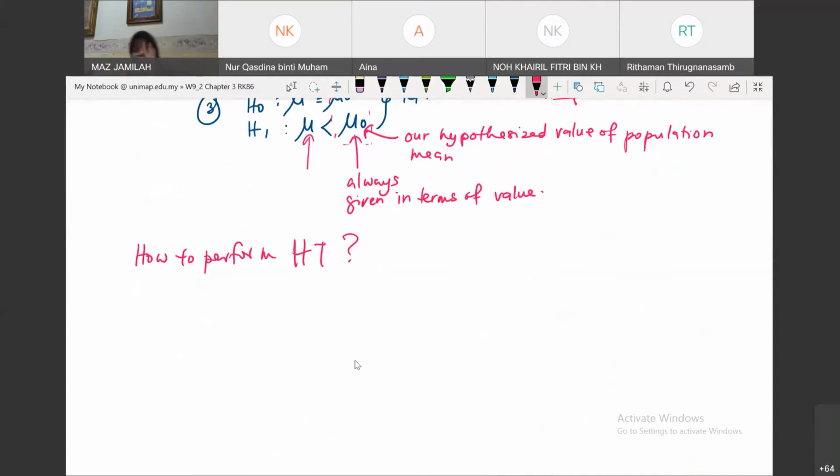Now there will be three different ways you can carry out the hypothesis testing. The first one is the traditional method, and the second one is the p-value method.